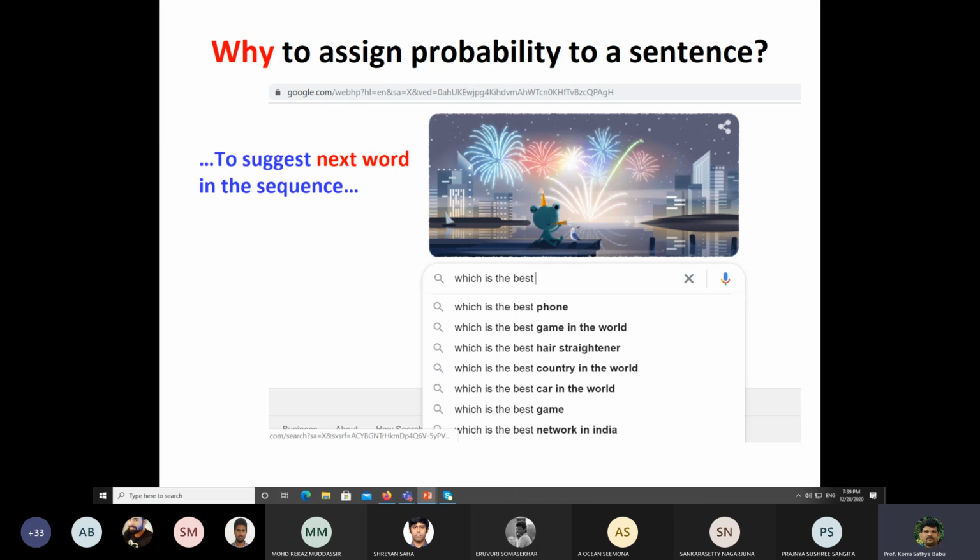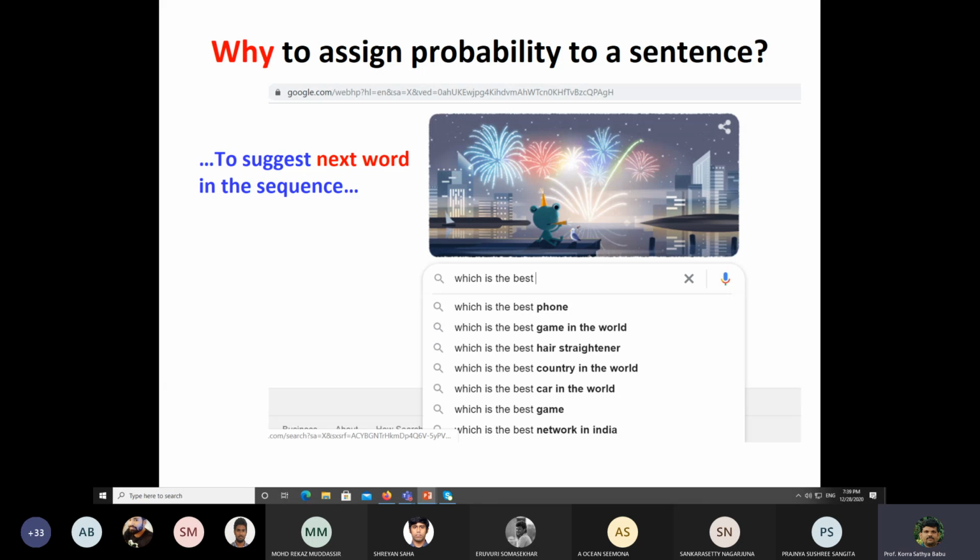If probabilities are assigned, it means that the word that comes first, okay, which is the best phone, maybe more people, many people have typed the question which is the best phone. That's why maybe it is considering that among all the searches there is a high probability that the next word may be phone.